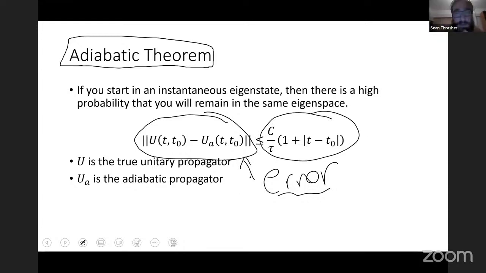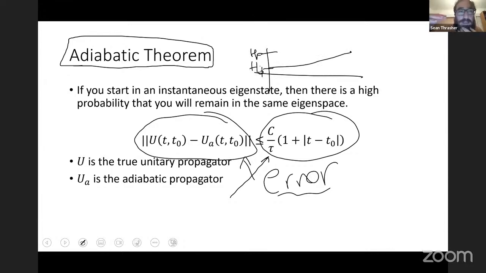So this is saying that if you make the change more gradual, then you have less of a chance of transitioning, going from the ground state, for example, to a higher energy state. And also, the longer you evolve your system, the more chance there is that you would make a transition. Okay, are there any questions at all?